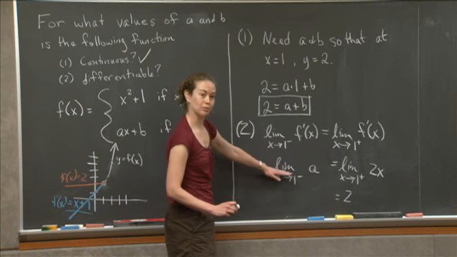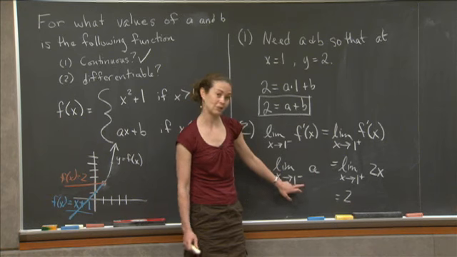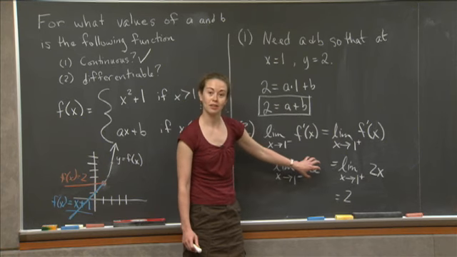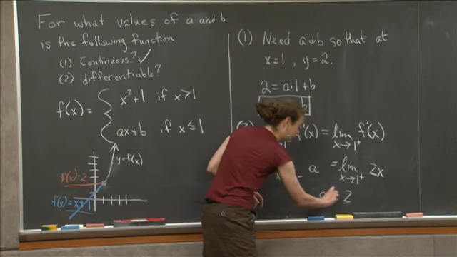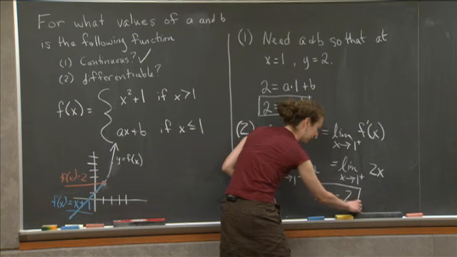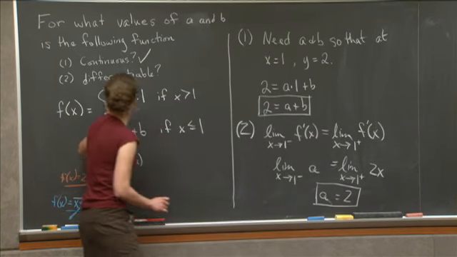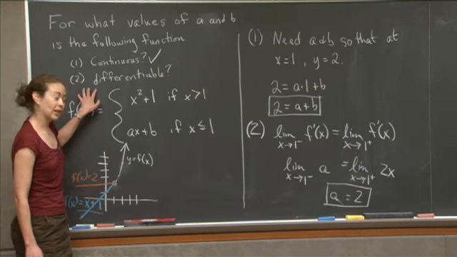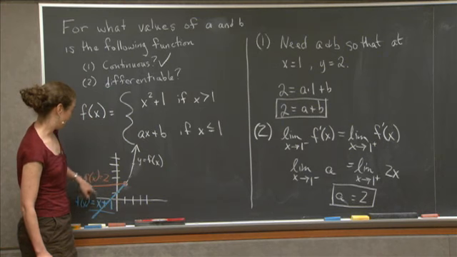If I evaluate a at x equal 1, I can actually just plug it in. There's no x there. This is a constant function, so as x goes to 1 from the left, I just get a. So that tells me that a has to equal 2 here. So in order to make the function differentiable, I only have one value of a I'm allowed to use, and that's when a equals 2.